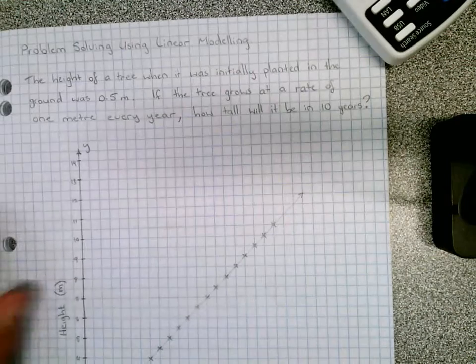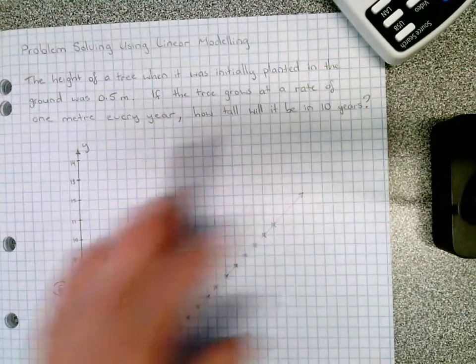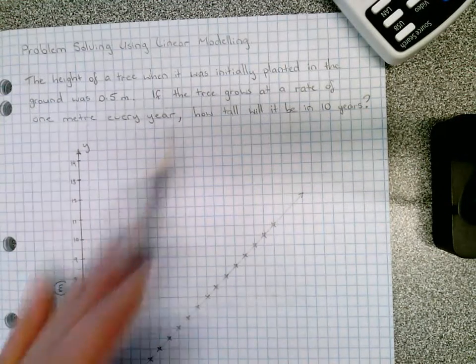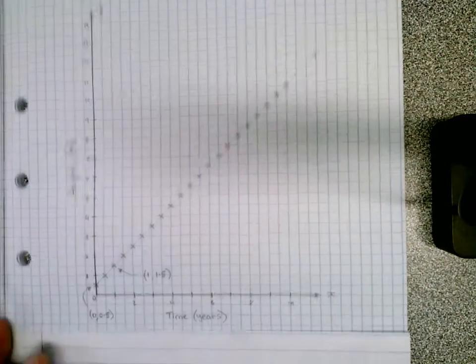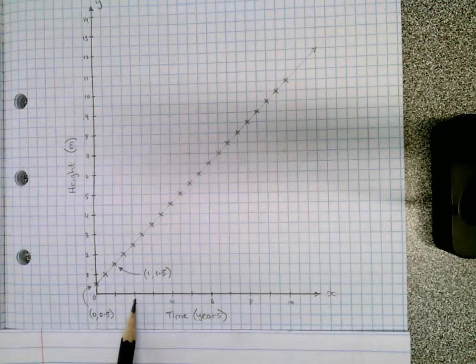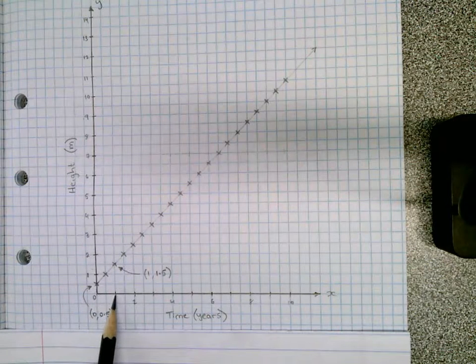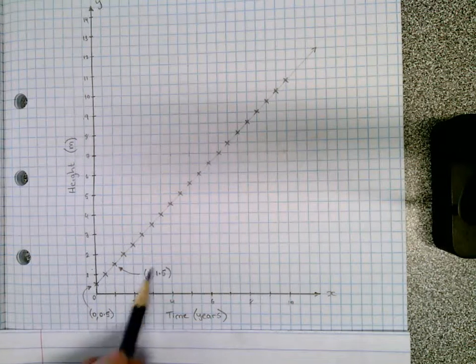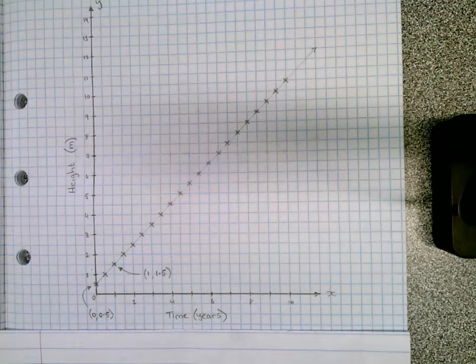I then went back to the information in the question and noted that it provided me with this rate of increase of 1 metre every year, meaning that from this point, 1 year later, it's going to increase by 1. Now if this is at 0.5, an increase of 1 is going to put us up to 1.5. And that is why I put this 1, 1.5 coordinate here.